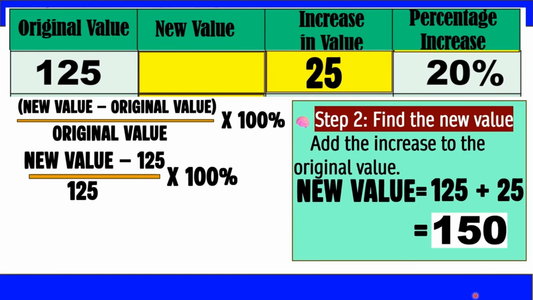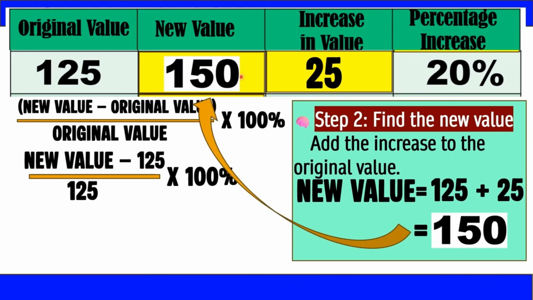Then 125 plus 25 is 150. Therefore, the new value is 150. Again, in this table, our original value is 125 and new value is 150. Then the increase in value is 25. To get the percentage increase, it is equal to 20%.